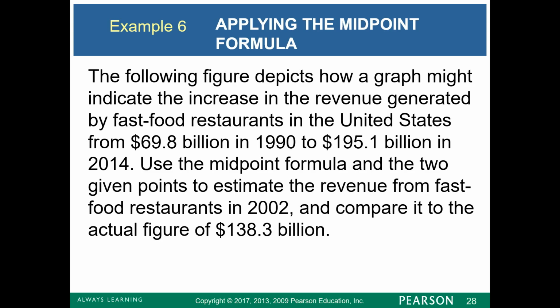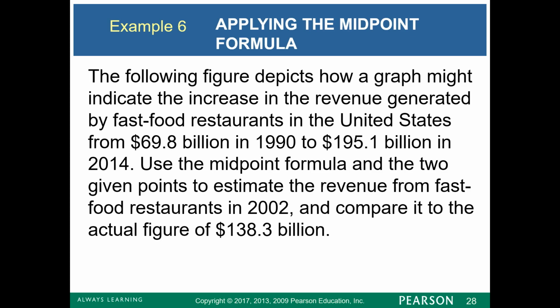The following figure depicts how a graph might indicate the increase in the revenue generated by fast food restaurants in the United States from 69.8 billion in 1990 to 195.1 billion in 2014.